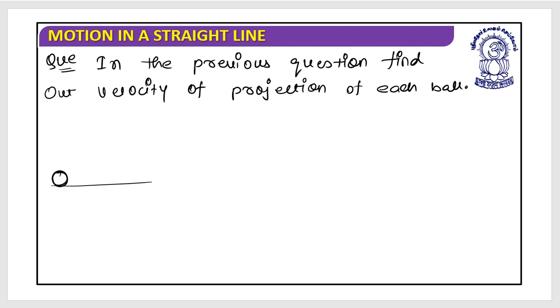So look at this, this was the situation and the time required was 2 seconds. I know that this is the maximum height and at this height the velocity would be 0.